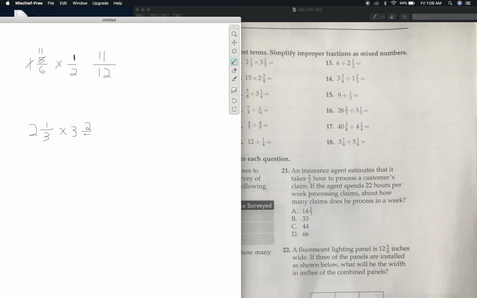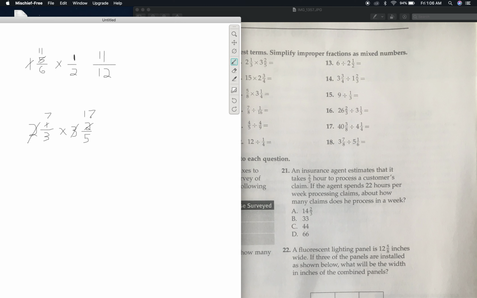Again, with multiplication you must resolve the mixed numbers into improper fractions like we did before. So 2 times 3 is 6, plus 1 is 7. Cross that out, make it a 7. And 3 times 5 is 15, plus the 2 is 17. So we'll cross out the 2 and make it 17 there.